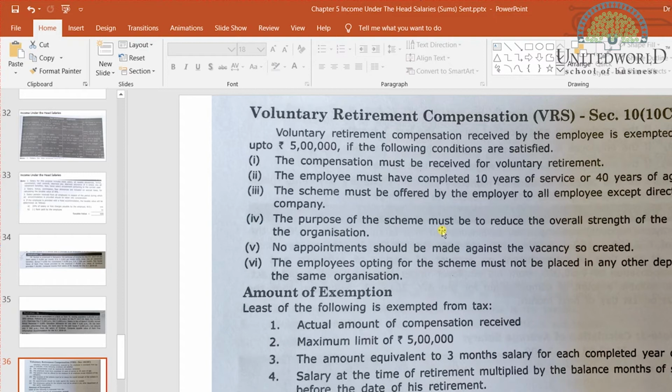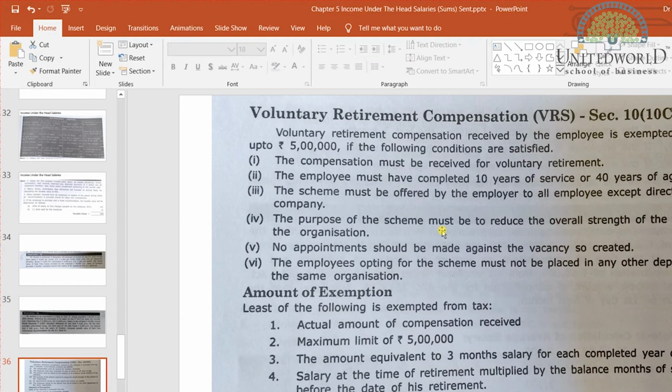So if an employee has been transferred from, suppose, the sales department to the operations department, you can't show that it's a retirement from sales and the person transferred to operations, so it is VRS or it is a retirement. No, it's not retirement. It should be voluntary in nature, and retiring means the exit, means the employee is out of the organization.